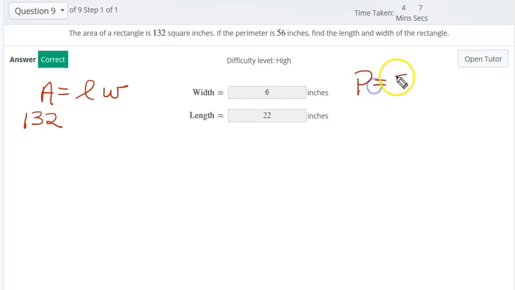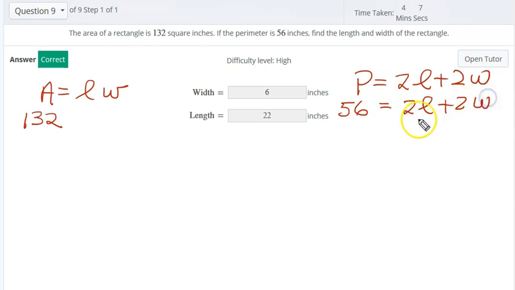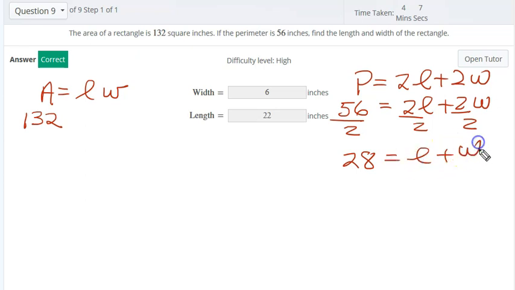Perimeter equals 2 lengths plus 2 widths, and we say that is 56. Now we said as we do this, we can simplify by dividing everything by 2. And this gives us 28 equals L plus W.